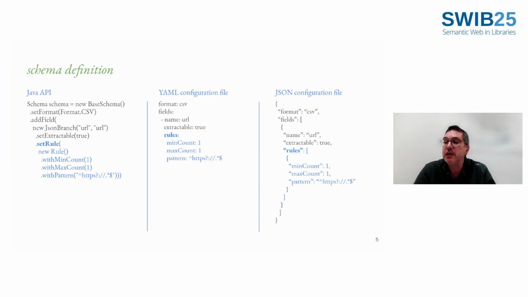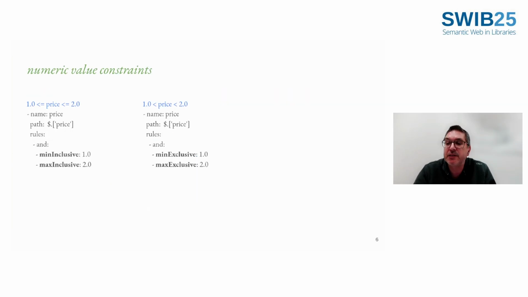This particular one sets that the file to analyze is a CSV file, and we are interested in a single property. There should be one and only one URL, and it should start with HTTP or HTTPS. So you can see that the same is defined with 3 different serializations.